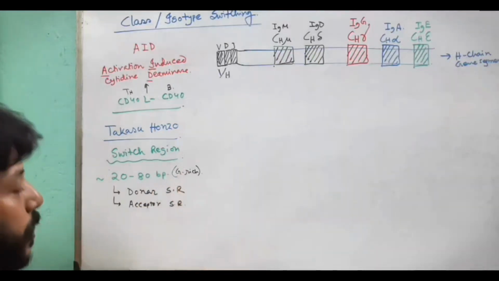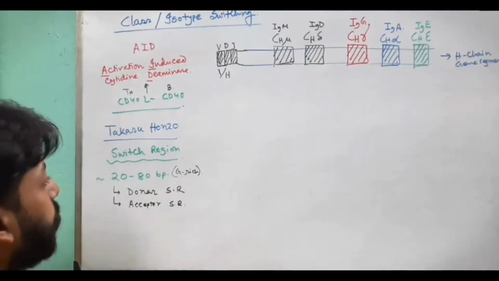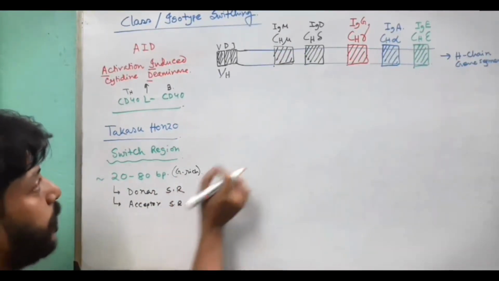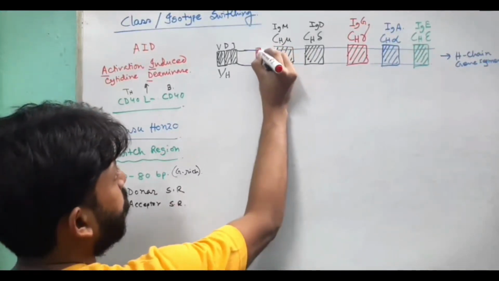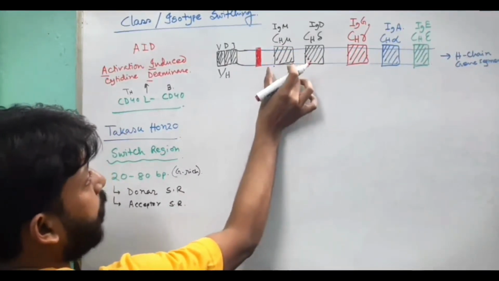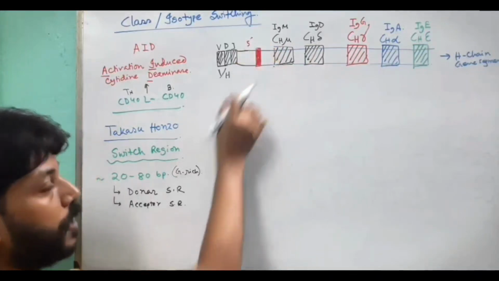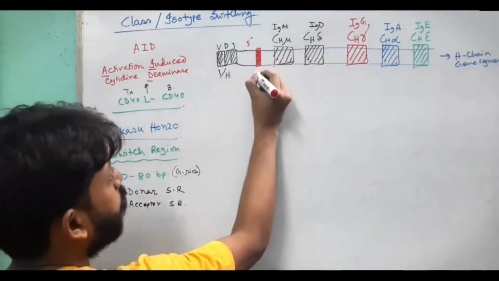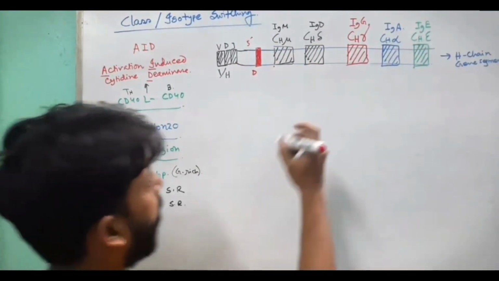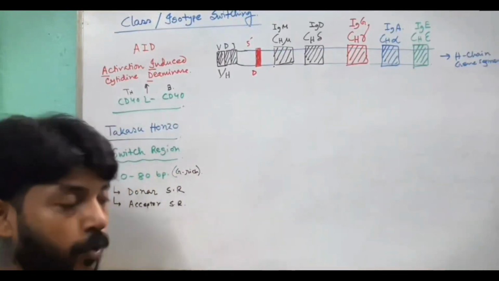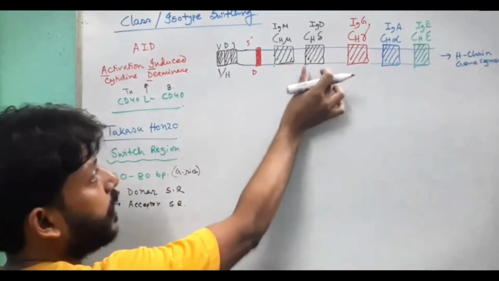These are the DNA segments. They found that the switch region is present 5 prime before this IgM and IgD, at the 5 prime region of the DNA segment. They called it the donor switch region, and there is no switch region between this M and D.